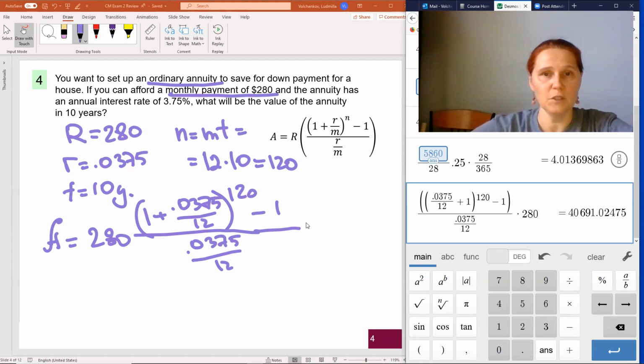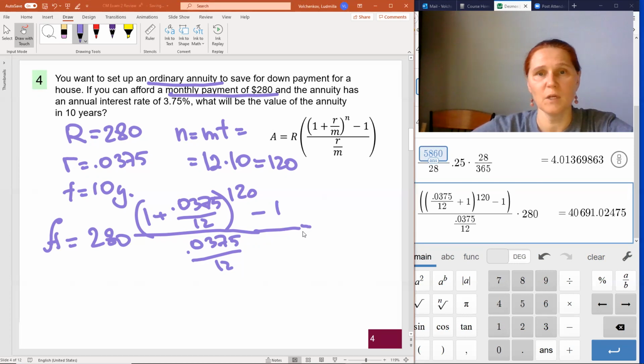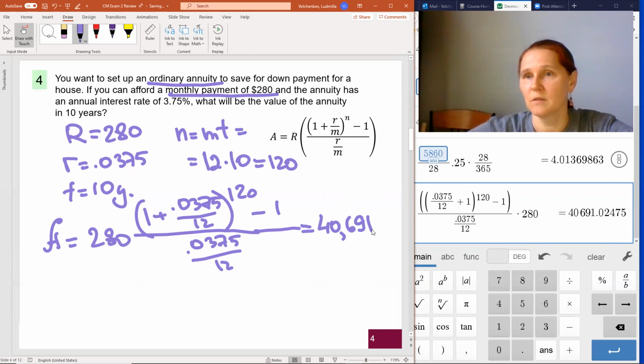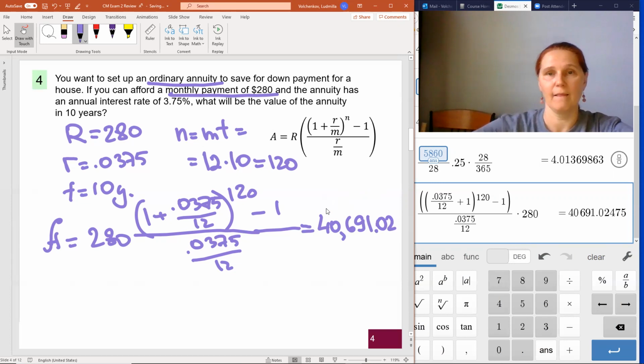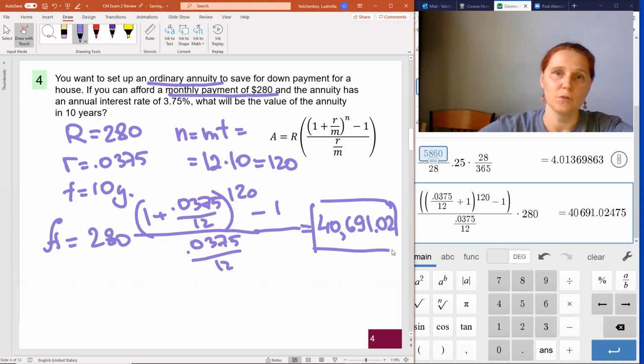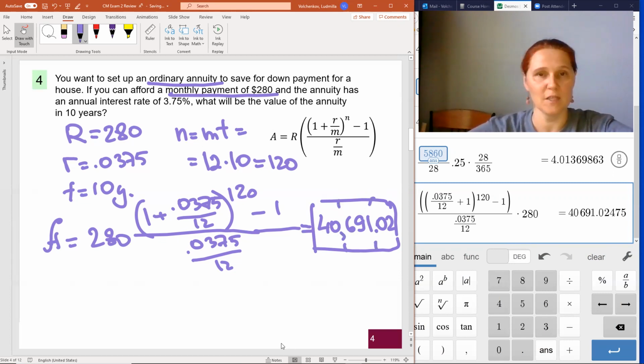So that annuity, the amount of money that will be accumulated on the contract in 10 years will be $40,691.02. Also, you will input it in 3 different blanks on the test.